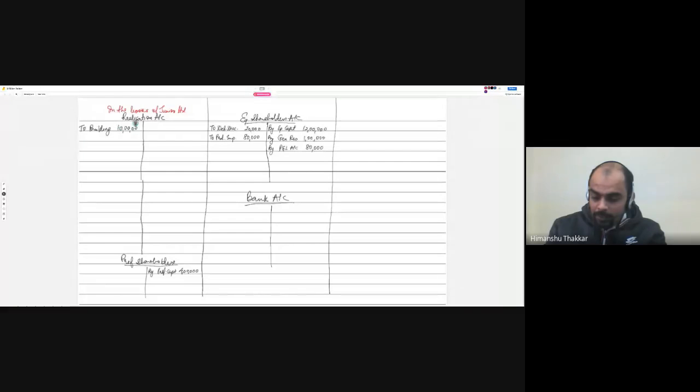So building 10 lakh, machinery 5 lakh, original value. Just see the balance sheet and keep on writing the amounts.